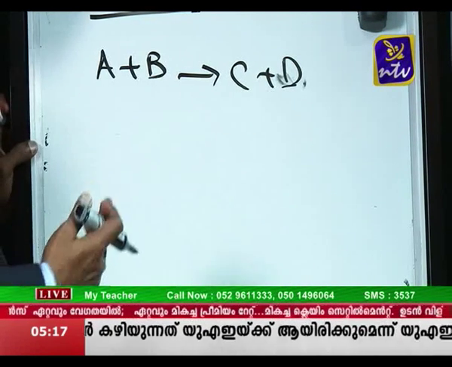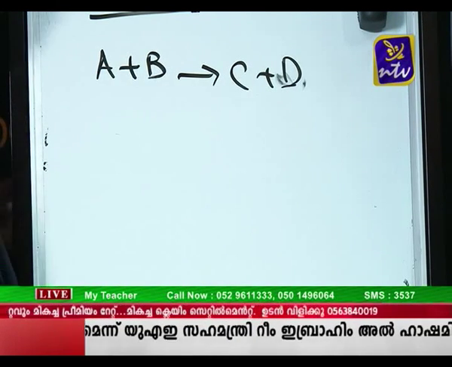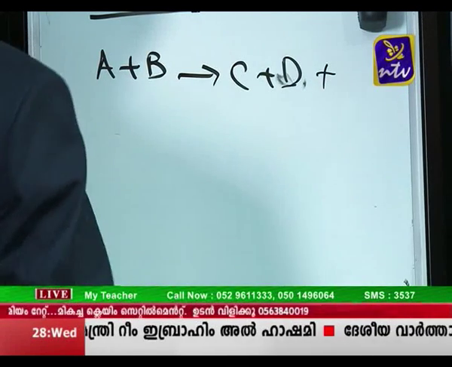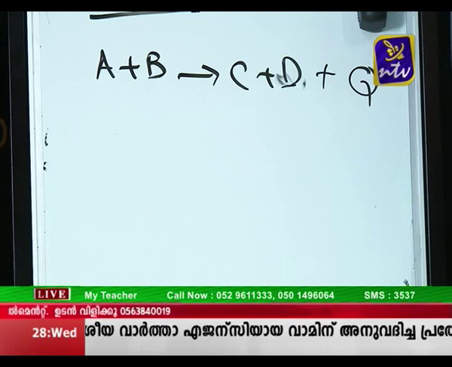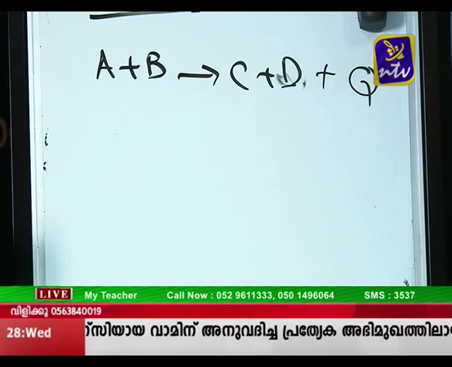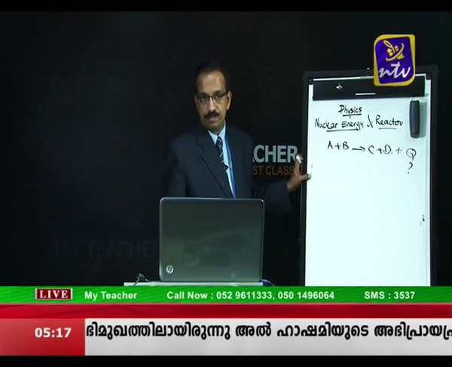After the nuclear reaction, A and B are converted into C and D, two other nuclei, plus energy is released. Usually the energy release is given by the letter Q, the Q value of the reaction. Our question is, how much is the energy released?